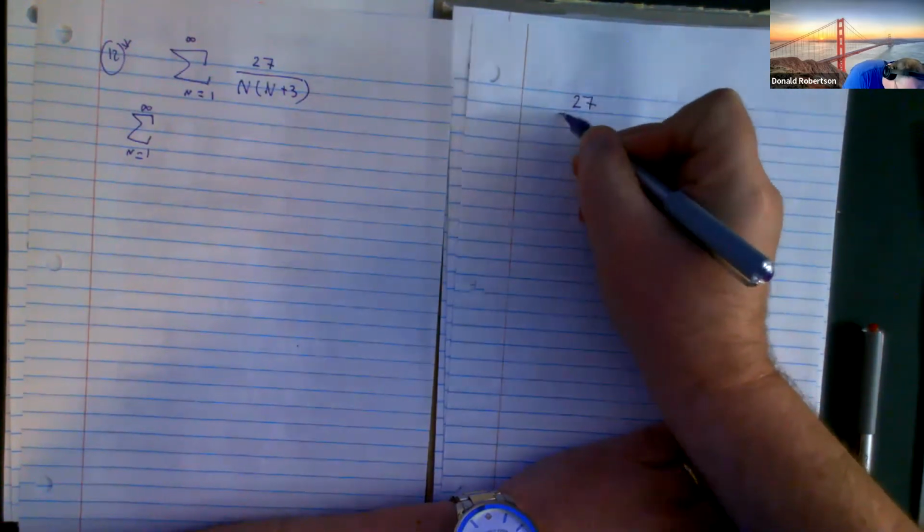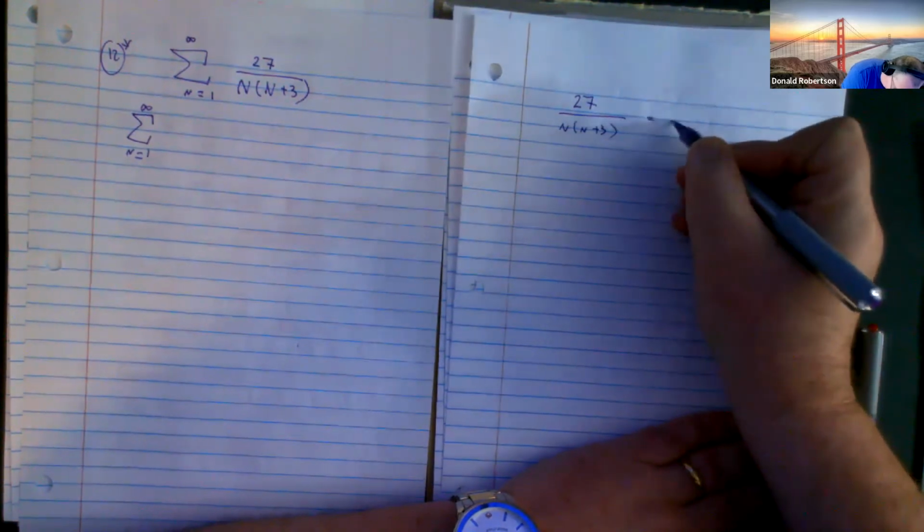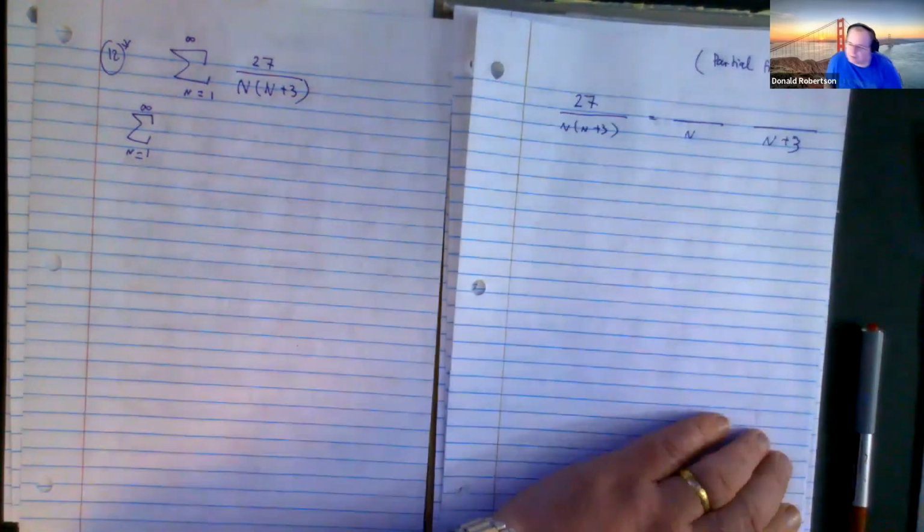I want to split a fraction into its 2 pieces. These 2 pieces, let's make it say 3 there, are called partial fractions. Can you remember that term from integration?